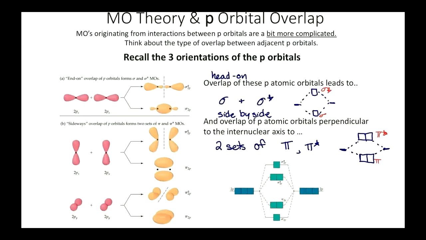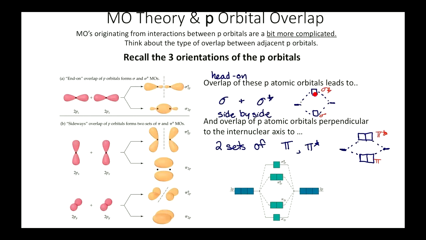The hardest interactions to understand are our p orbitals. We can have bonding orbitals that put electron density between the atoms, but we can also have anti-bonding orbitals that essentially destroy the electron density within our bond and put electron density away from the atom. So we have bonding and anti-bonding.